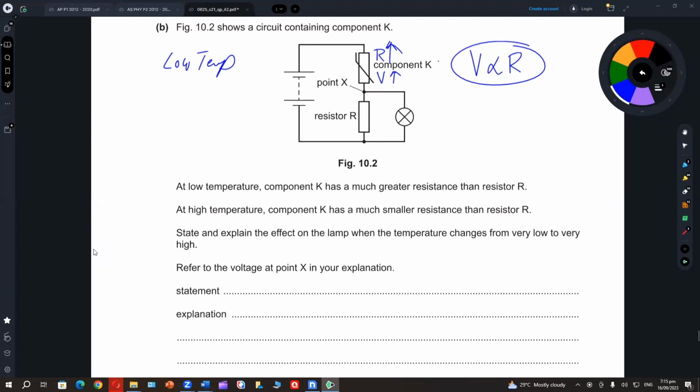So you people might remember it, what will happen to the lamp? The voltage will increase or decrease on the resistor. I put a question mark here.